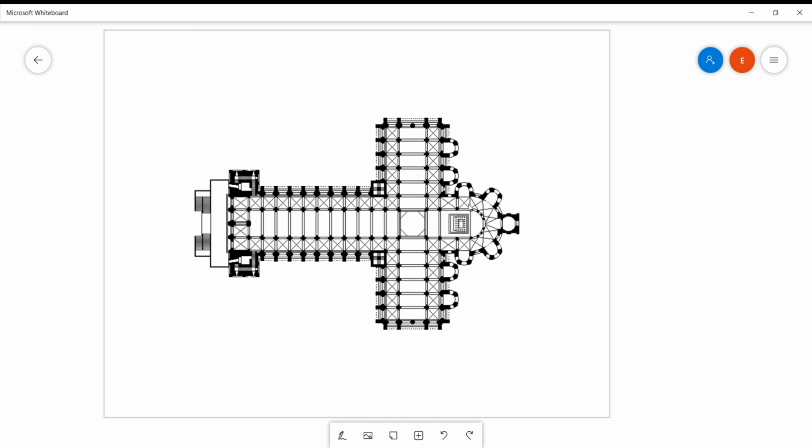We have the apse, but we have the ambulatory. Maybe in Romanesque we can see more clearly the cross than in Gothic. In Gothic you are going to have so many naves or so many aisles that sometimes the Latin cross is not easy to see, or is less easy to see than in Romanesque.